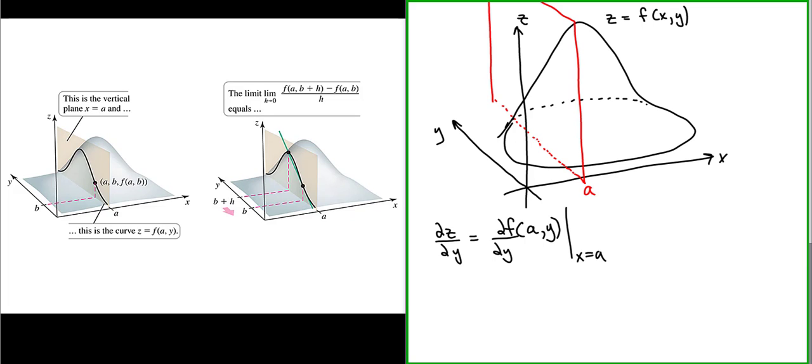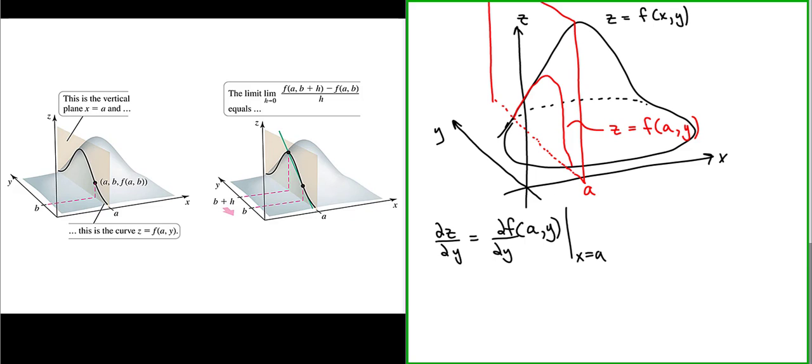Now, if we were to look at the curve of intersection here, that curve of intersection might look something similar to this. This curve of intersection is described by the function x equals a, allowing y to vary.